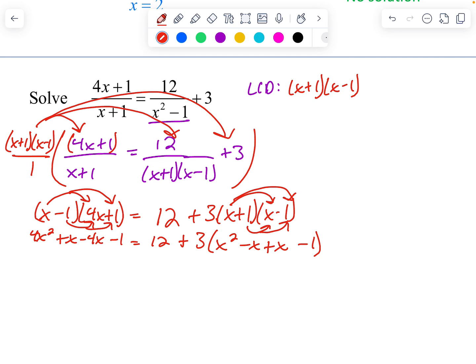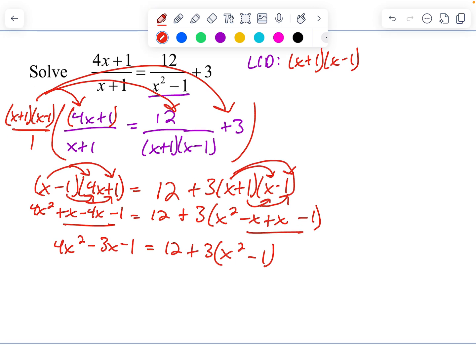Okay, if we do some more simplifying, adding like terms, x minus 4x is going to give me negative 3x. Negative x plus x is going to add to 0, and we're going to have x squared minus 1.